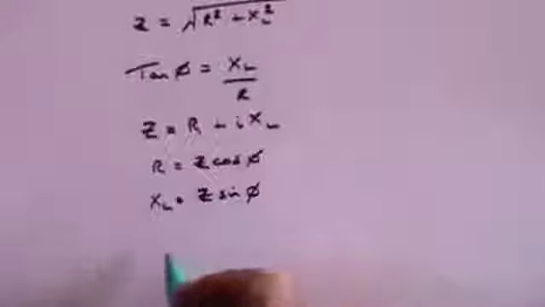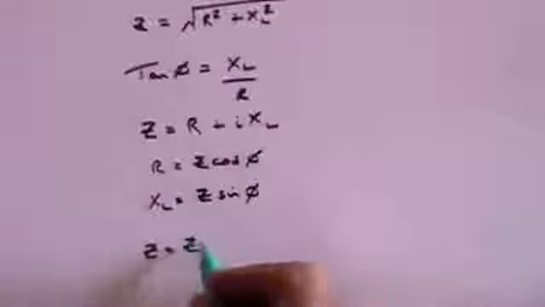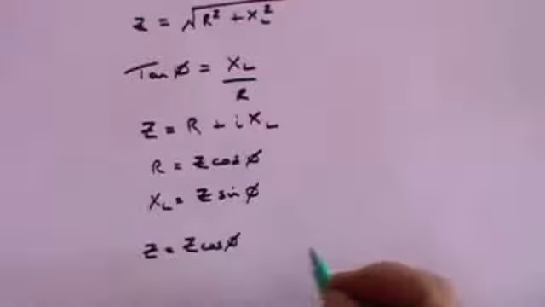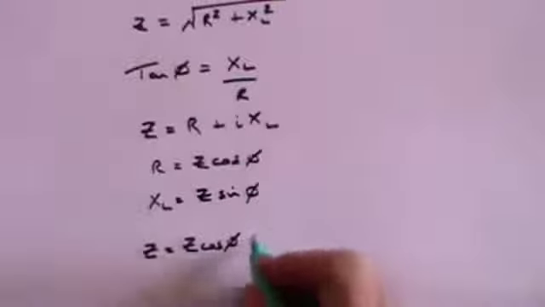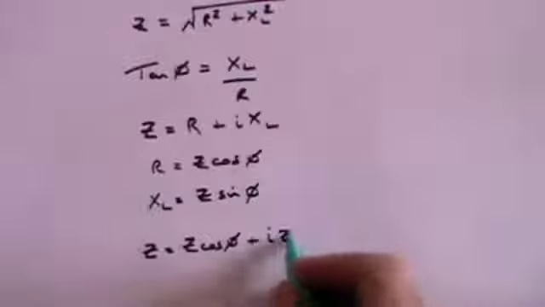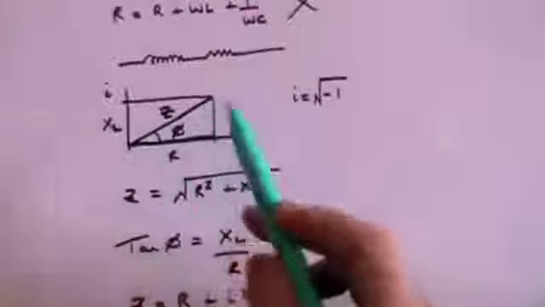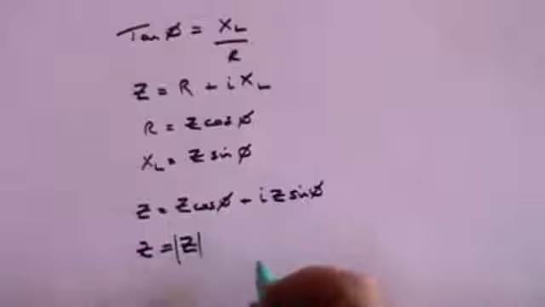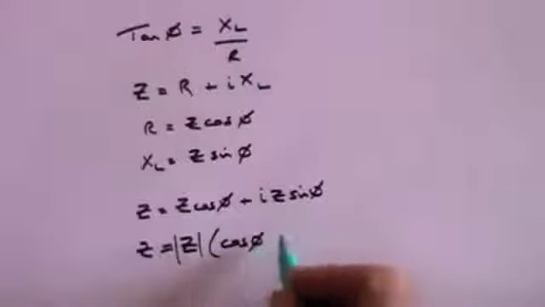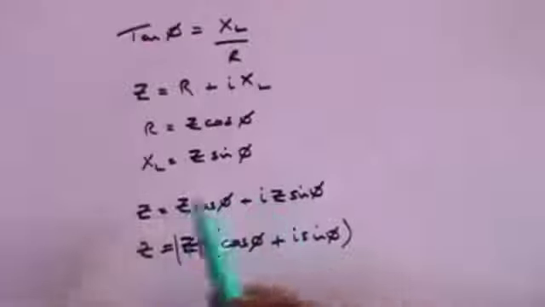And that means that Z is equal to R, which is Z cos phi, plus i times XL, which is Z sine phi. And that means that Z is equal to the modulus of Z, that's what these terms actually are, the length of the value of the impedance, times cosine phi plus i sine phi, because I've taken the Z's out of both sides.